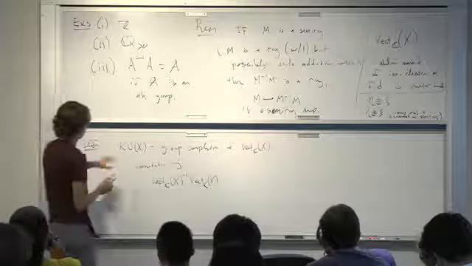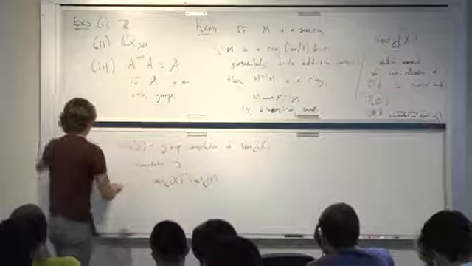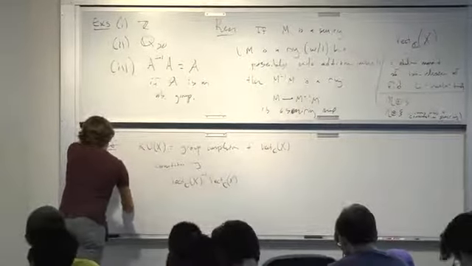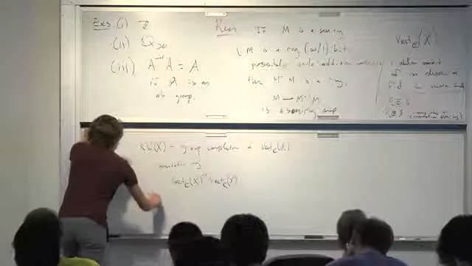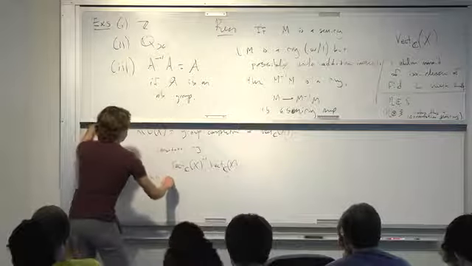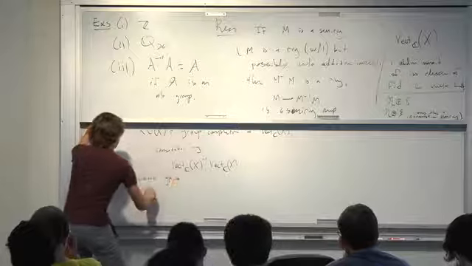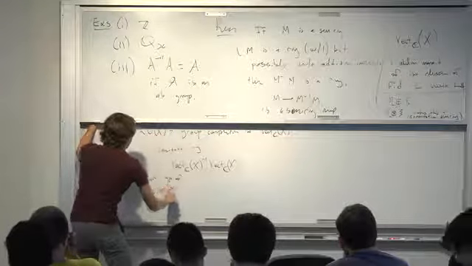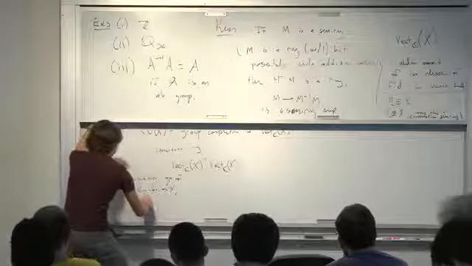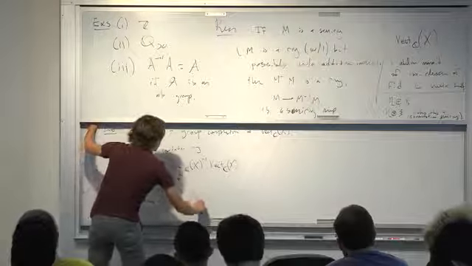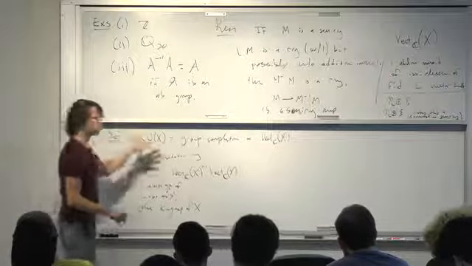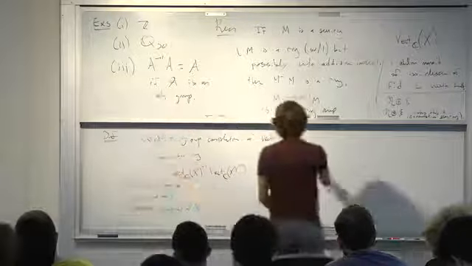So let's think about this a little bit. This is the complex K-theory group, or the Grothendieck group of complex vector bundles on X, or the complex K group of X. You'll either see KU or just K unadorned.